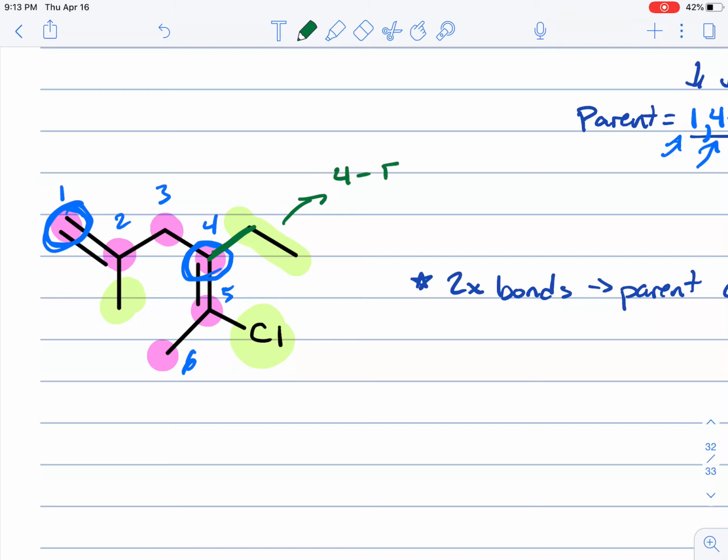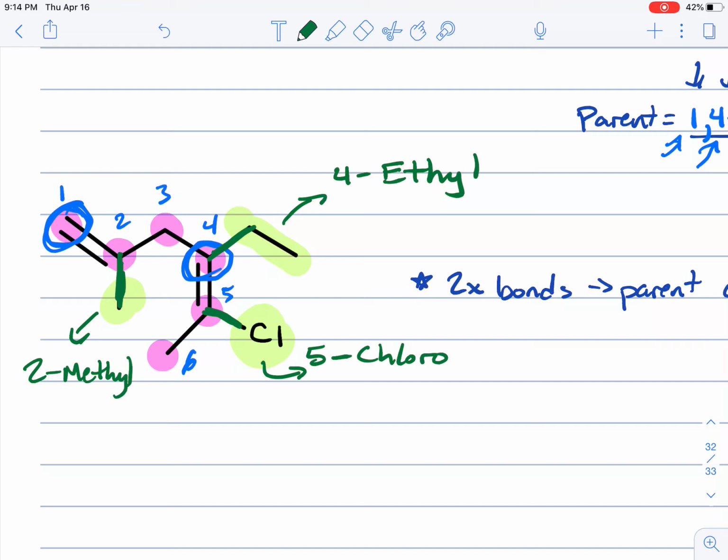So I'll say 4-ethyl. Here I have a chlorine on the fifth carbon, so I'm going to say 5-chloro. Here I have a methyl group on the second carbon, so I'm going to put in 2-methyl.